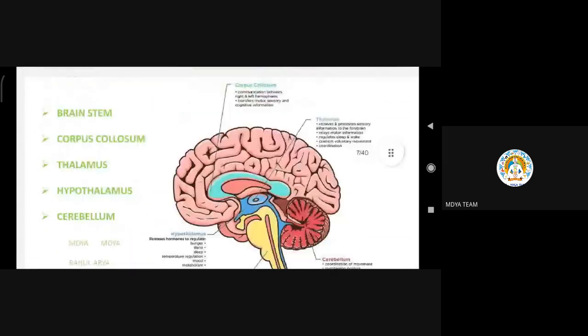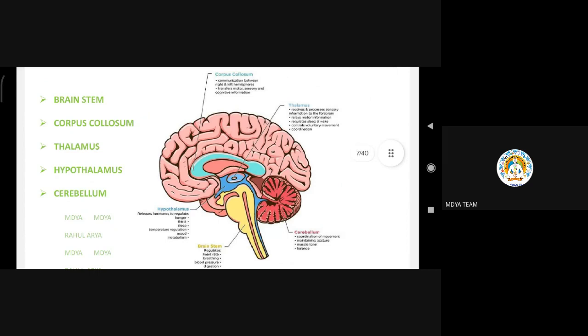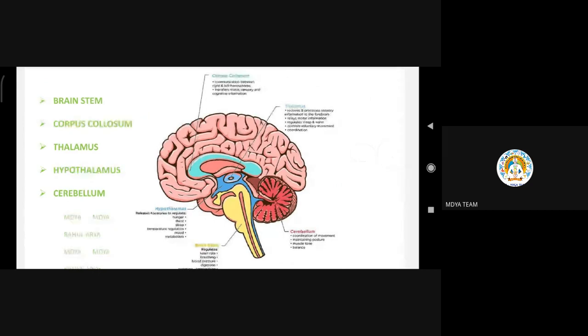Now, see here. This picture depicts the brain in a beautiful way. You can see the pink colored major portion covering the brain, that is cerebrum, and corpus callosum you can see here.